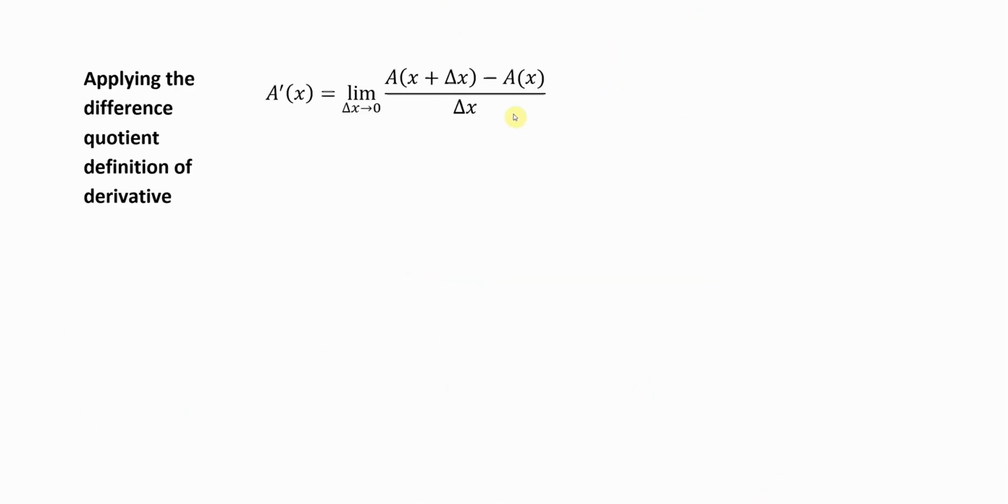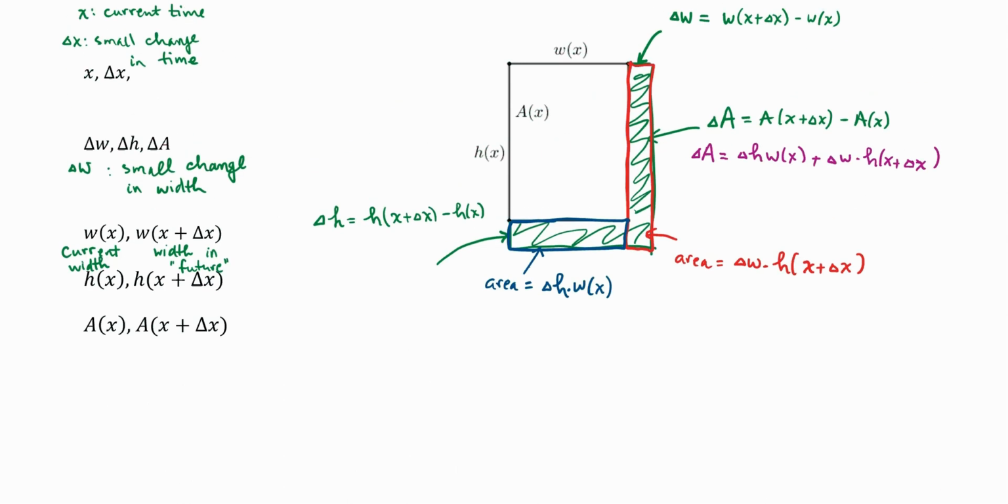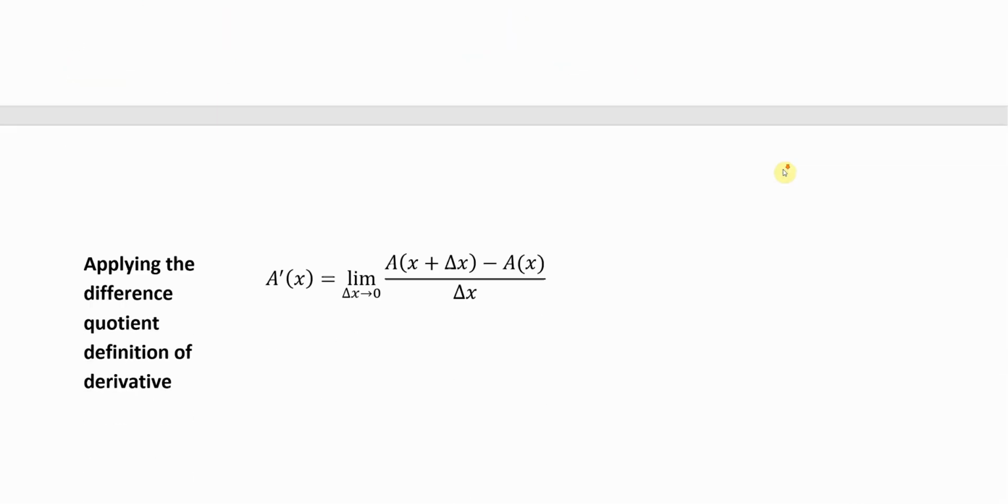So now, if we look at it again, applying the difference quotient to the definition of the derivative, the limit stays the same. But notice this expression right here is the same thing as the green expression that we had up here, and that green expression is exactly equal to what I have here written in purple. So I'm just going to copy that down.